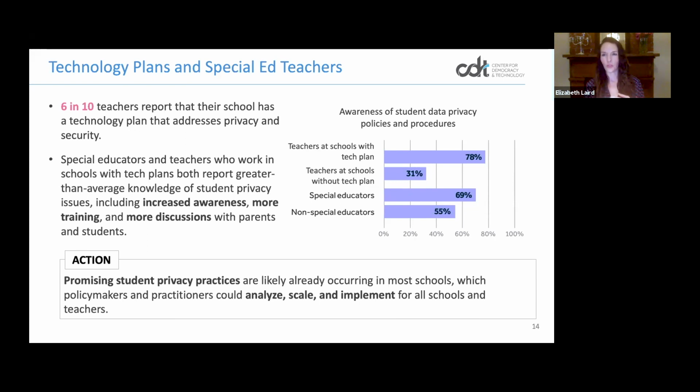They were talking to students more often. We found that if the teacher taught in a school that has a technology plan and that plan addresses privacy, that was really filtering down throughout the building, and those teachers just knew more about it. So even just a school putting together a plan and sharing that with teachers had a pretty significant impact.